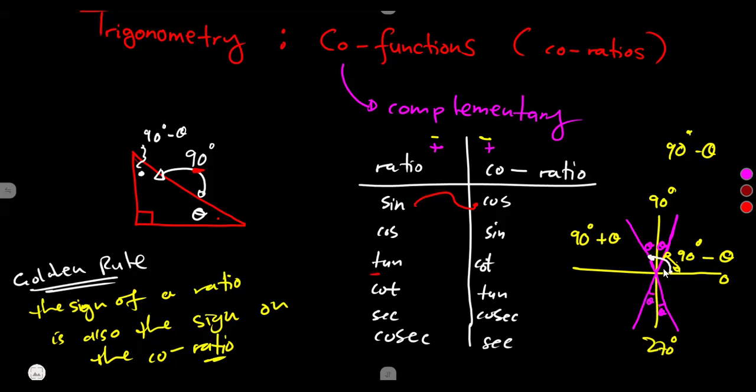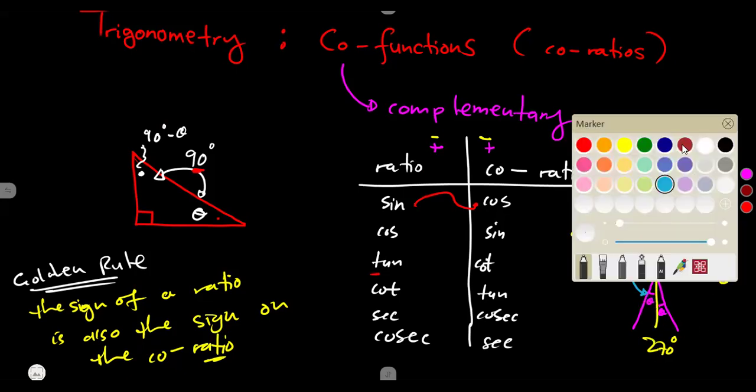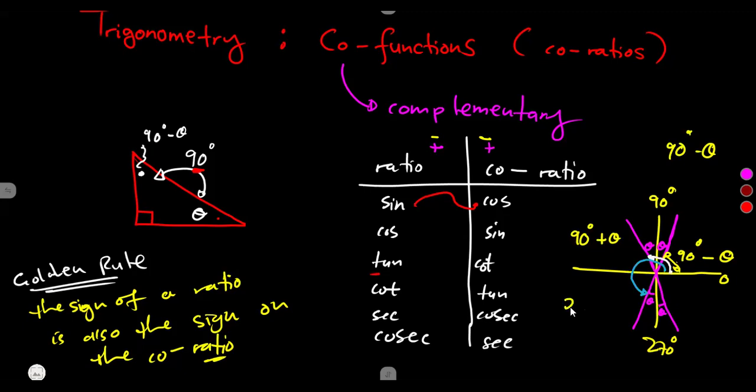We talk about the whole of this angle, from the positive horizontal axis up to where we meet this line here. This is our angle. So out of the 270 degrees, we are simply going to remove this theta, so it will be 270 minus theta.